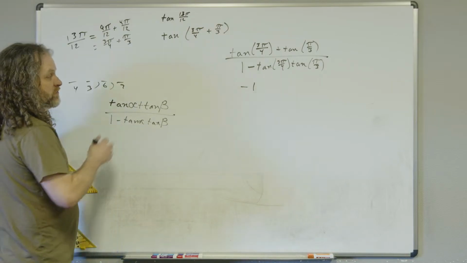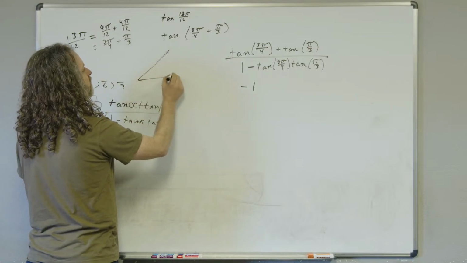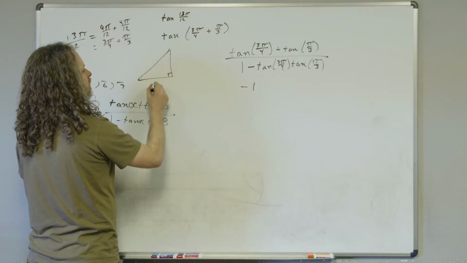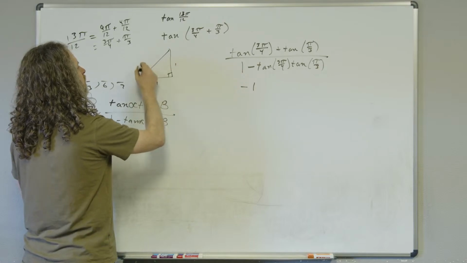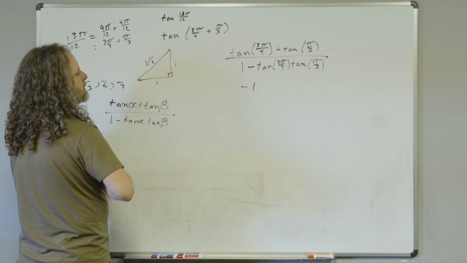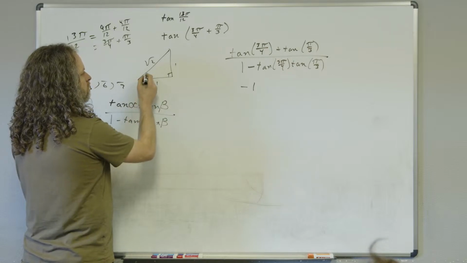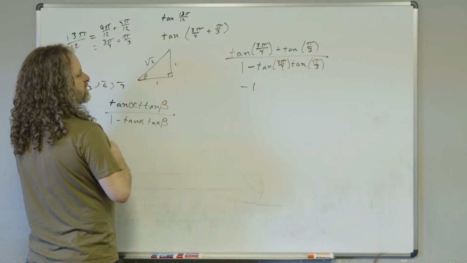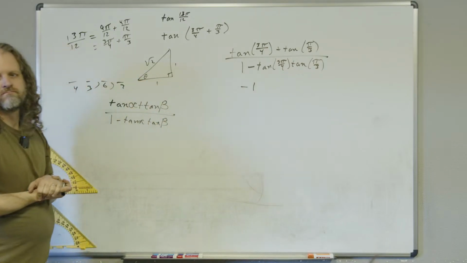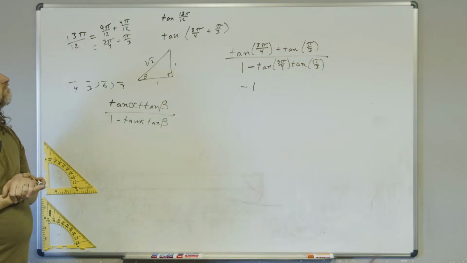If you want to do it from a triangle, I'll show you just for further clarity. We're talking about this triangle. 1 over 1, which is 1, yes. Okay, what is the tangent of pi over 3?